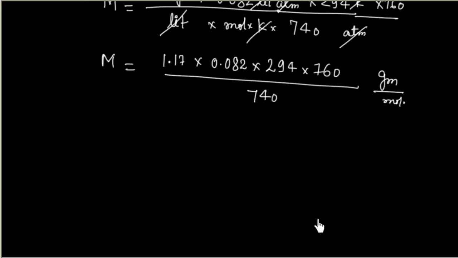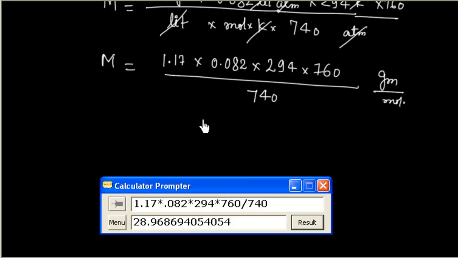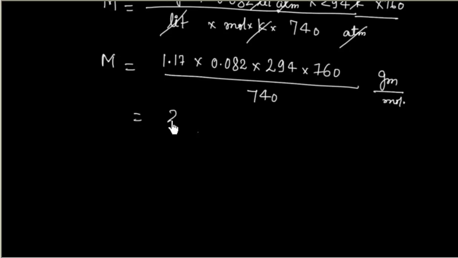If I solve this, it is 28.96. So around 29, and the unit will be gram per mole.